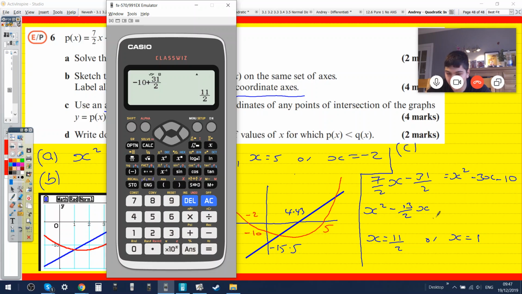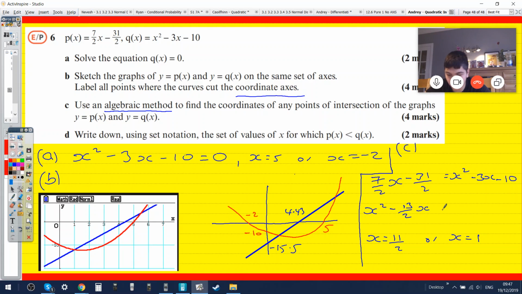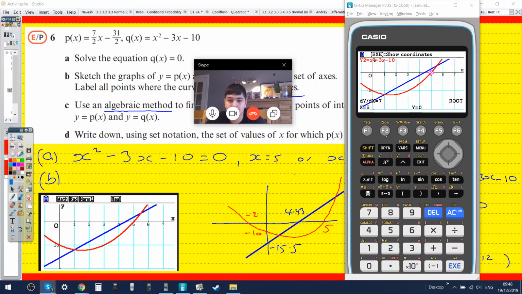Shall I say what I got? Yeah. So shall I say it in coordinates? Yeah. Okay, fine. So 11 over 2, 15 over 4, and 1, minus 12.